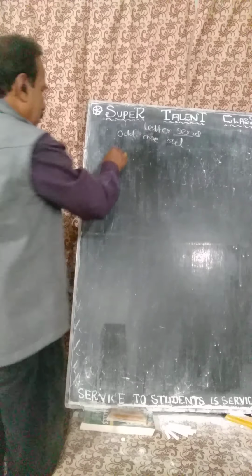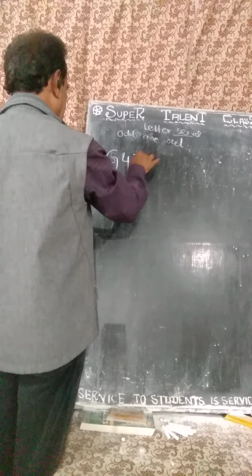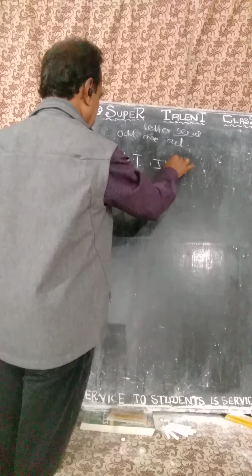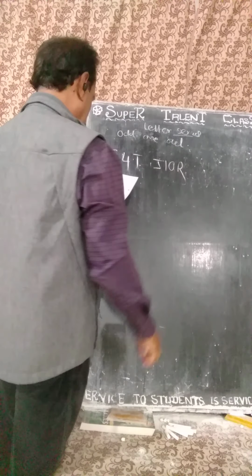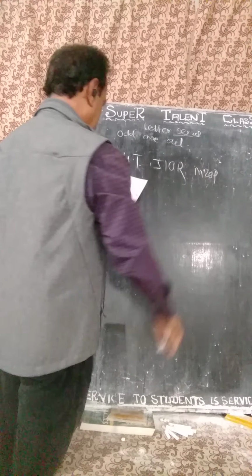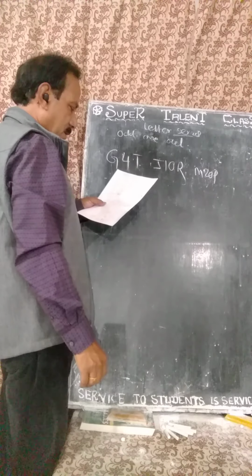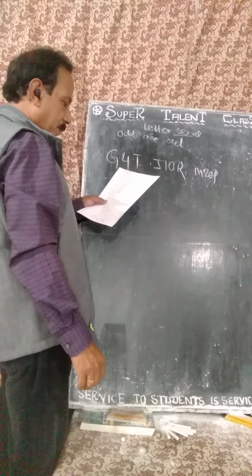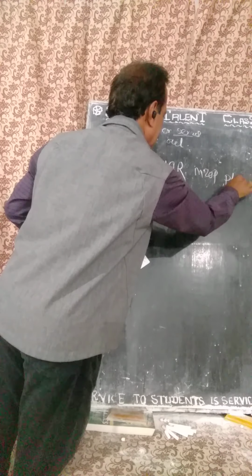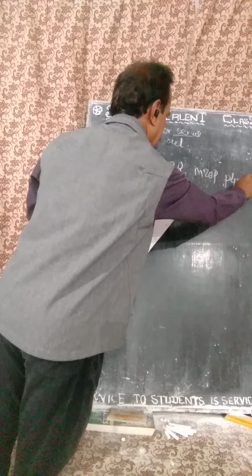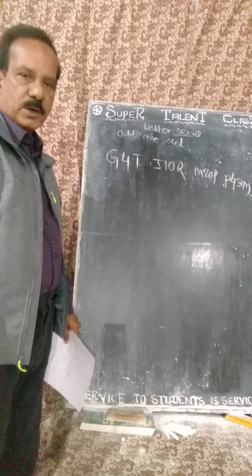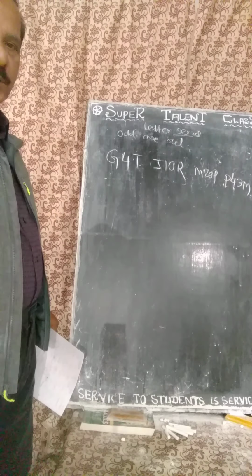Suppose you get multiples: G4T, J10R, M20P, then P33M. Now see the logic.